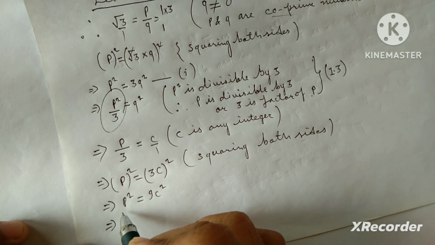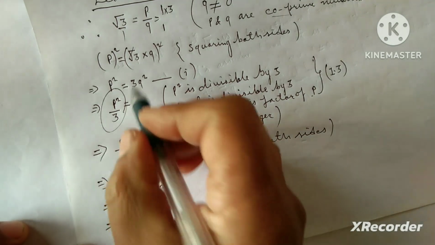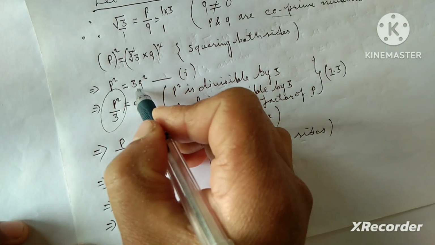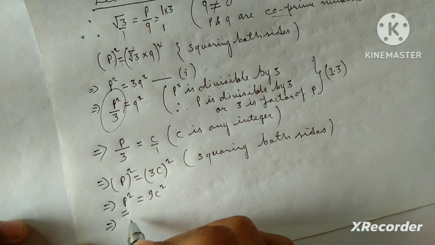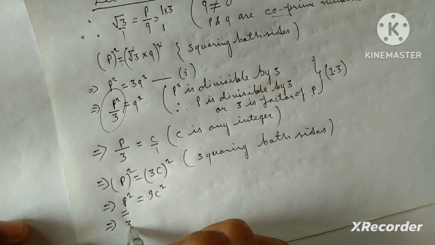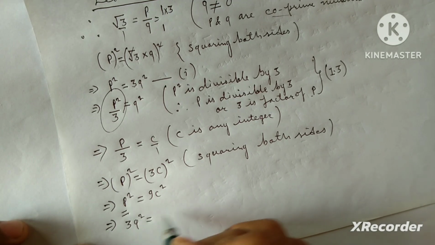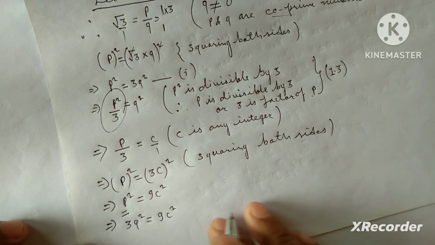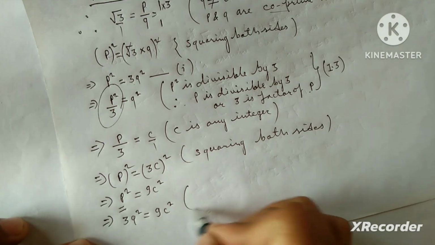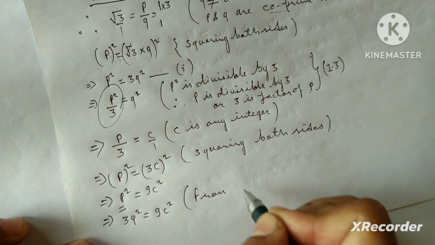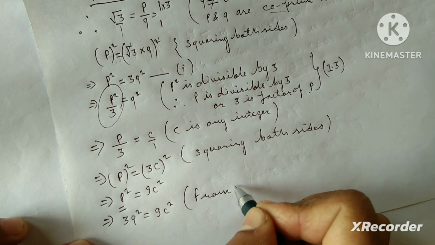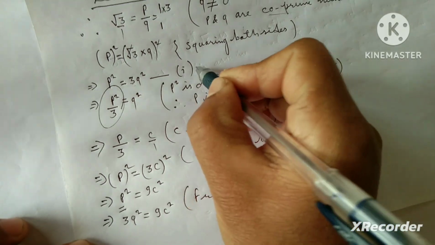Again, p square, we have in equation 1, equal to 3q square. So we can write, instead of p square, 3q square equal to 9c square from equation 1.